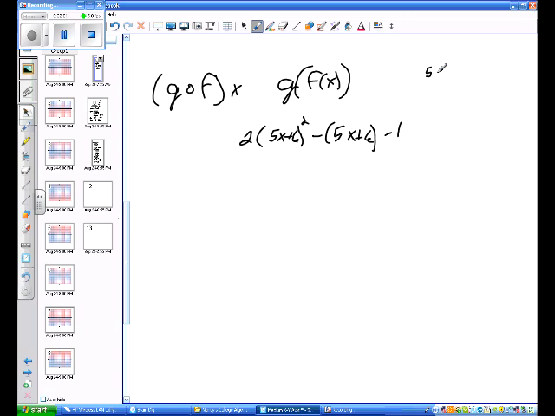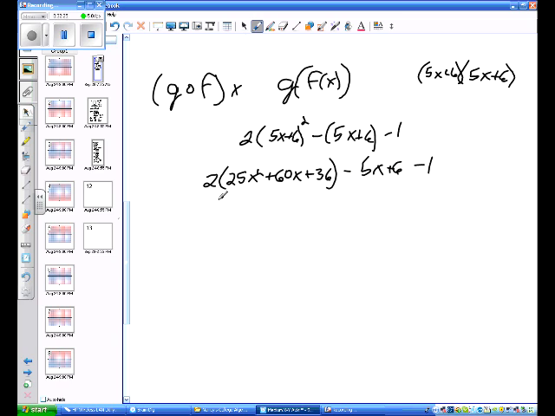You can go off to the side and do 5x plus 6 times 5x plus 6. Work that out. But you're going to get 25x squared plus 60x plus 36 minus 5x plus 6 minus 1.